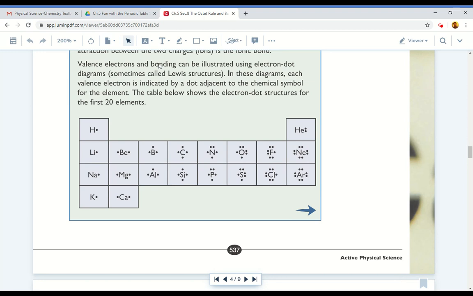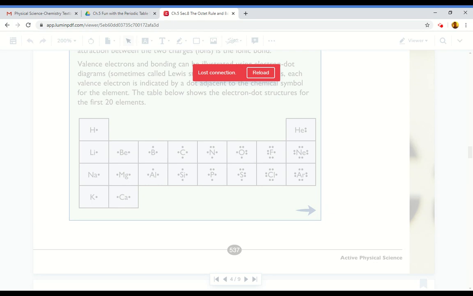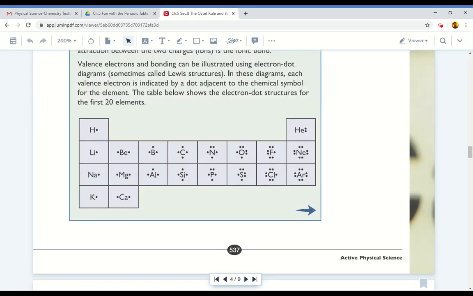Valence electrons and bonding can be illustrated using electron dot diagrams, sometimes called Lewis structures. In these diagrams, each valence electron is indicated by a dot adjacent to the chemical symbol for the element. The table below shows the electron dot structures for the first 20 elements.